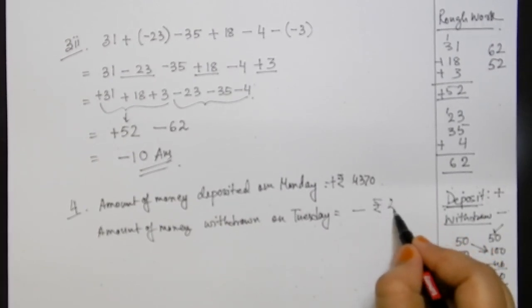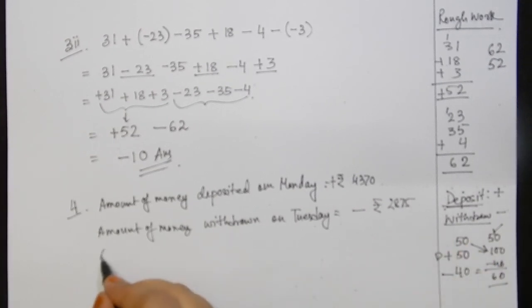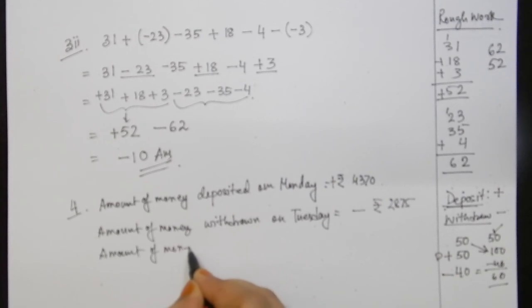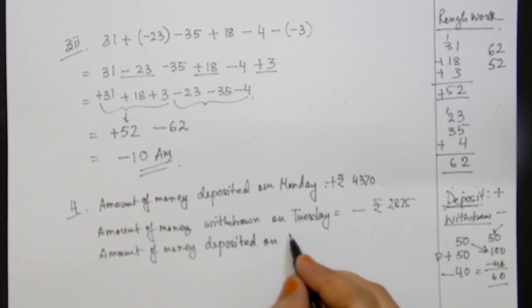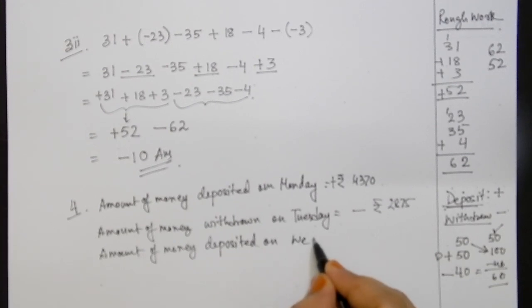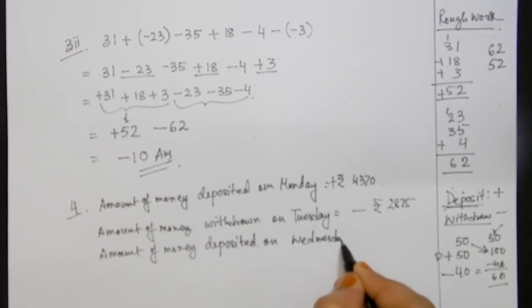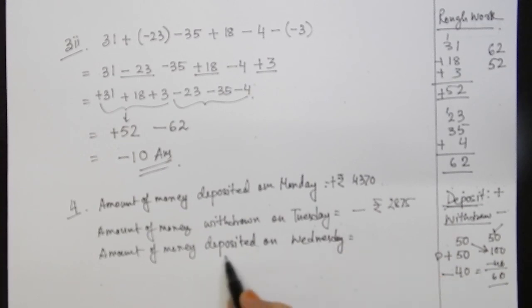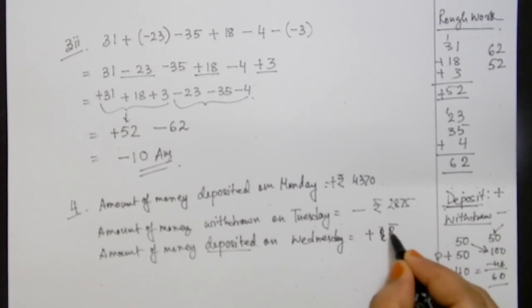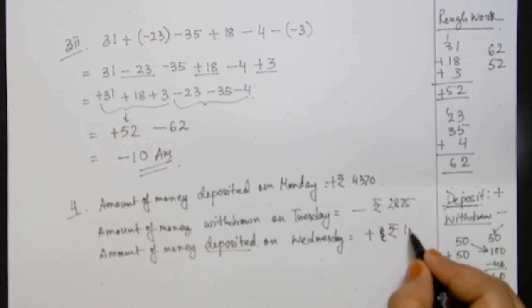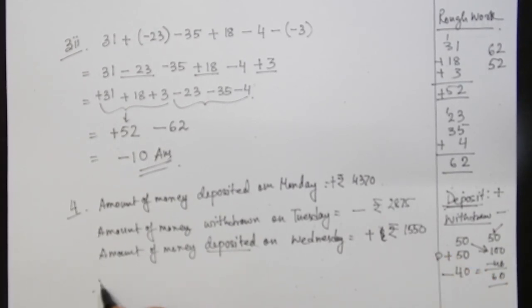How much? 2,875. Again, amount of money deposited on Thursday, this is Wednesday actually, next day they have said, so that's Wednesday. Deposit means plus, so plus how much rupees? 1,550. So what is the balance?